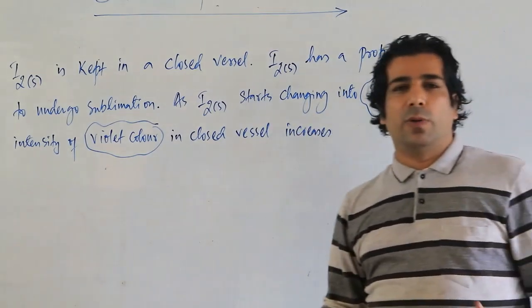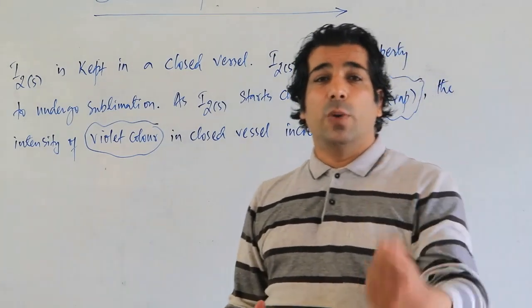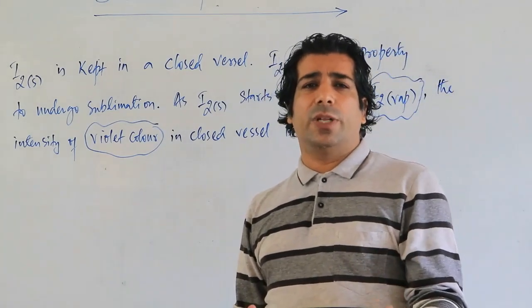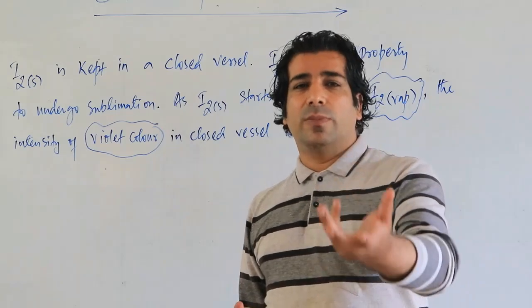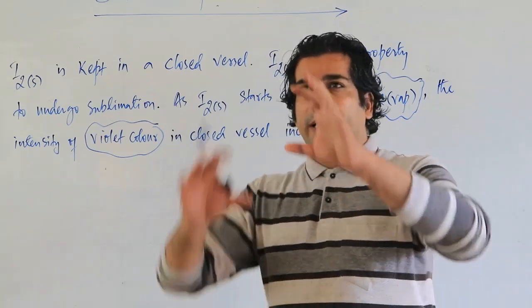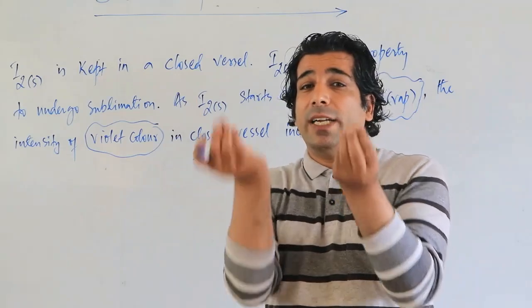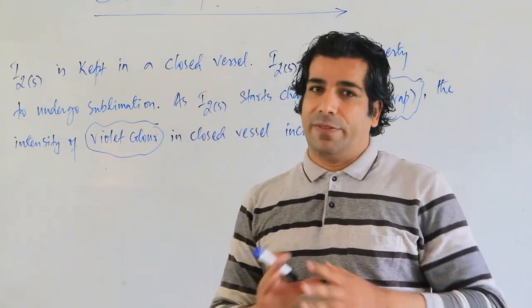So intensity of the violet color will increase because your iodine solid is changing into the iodine vapors, and because of the iodine vapors, inside the container the violet color intensity will increase, my dear friends.